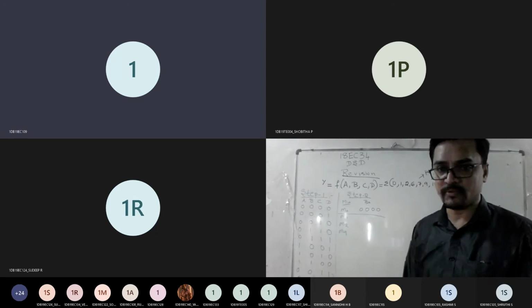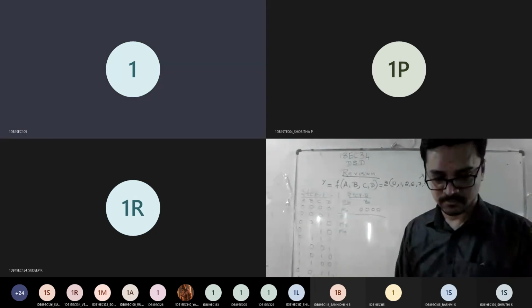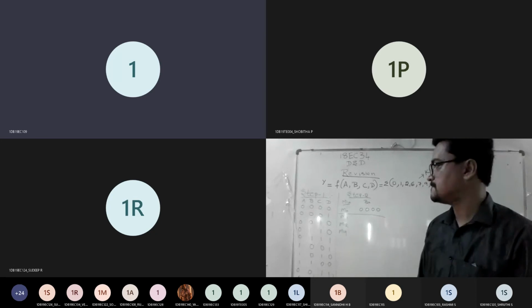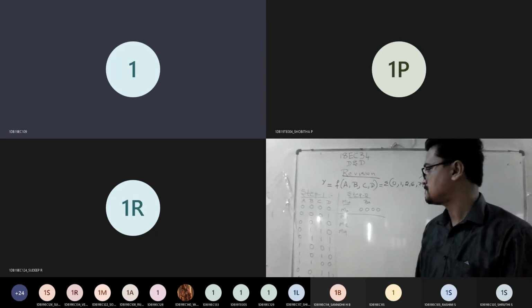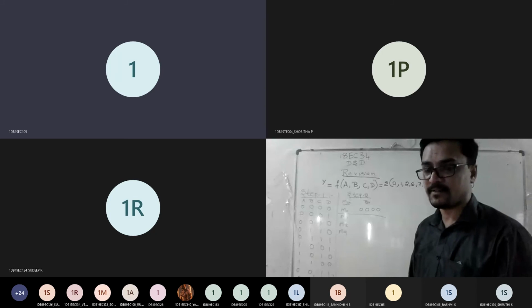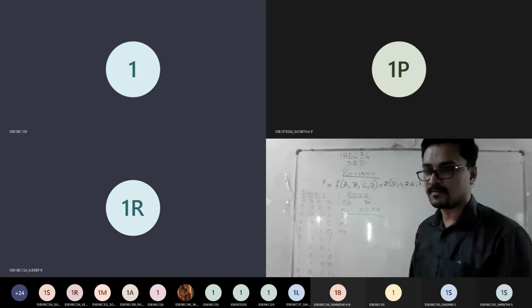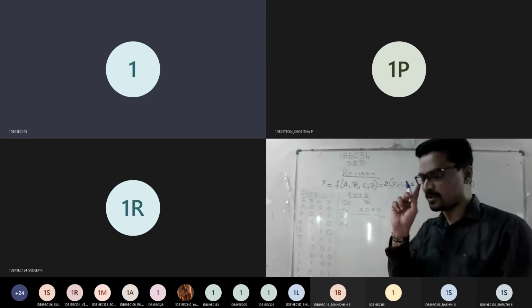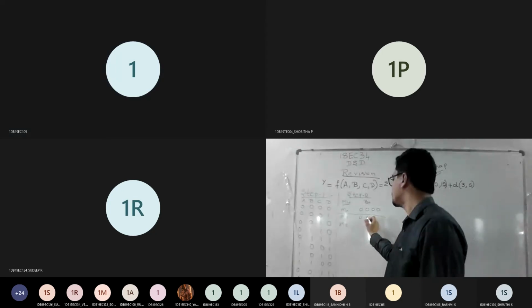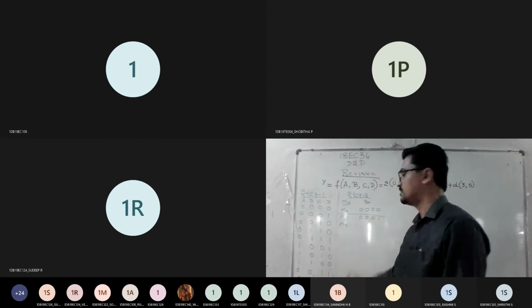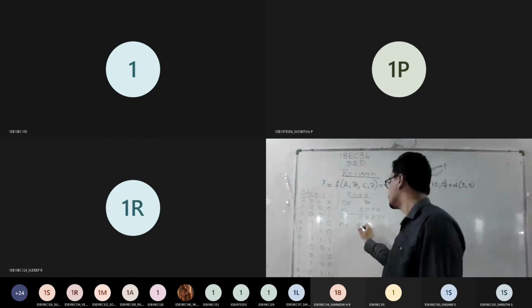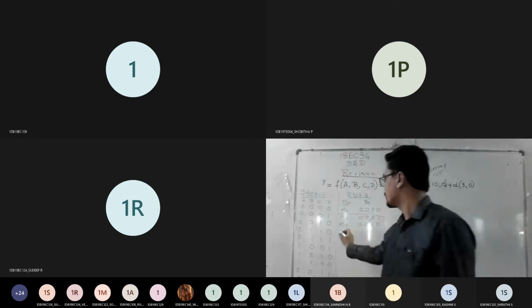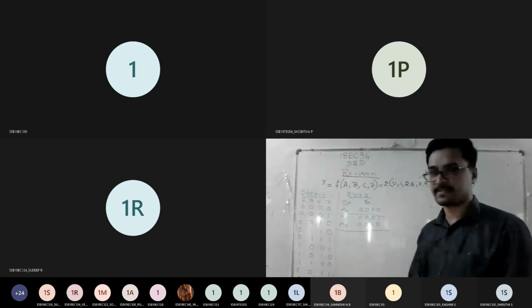So M1, M2, that's all, because the number of ones is equal to 1. The equivalent of 1 is 0001 and of 2 is 0010. So this group is finished.